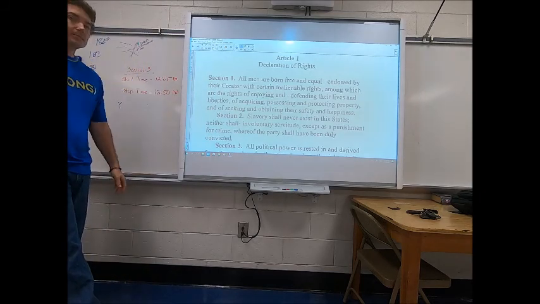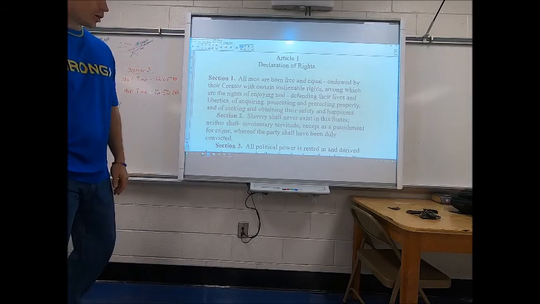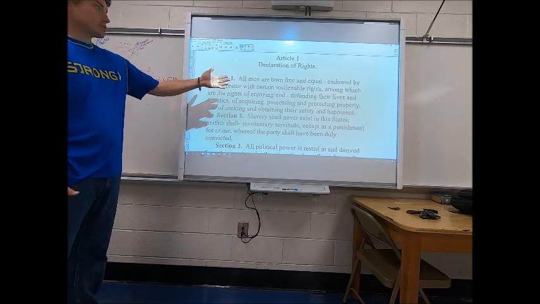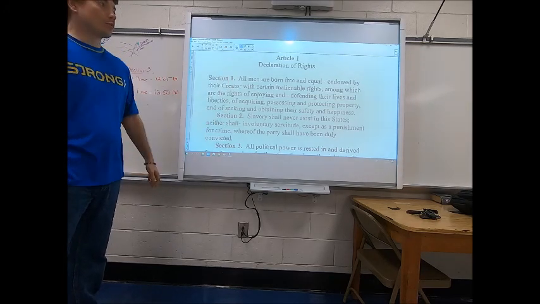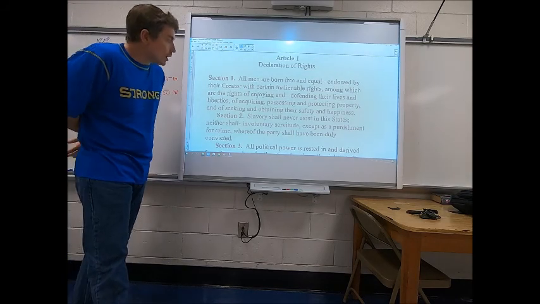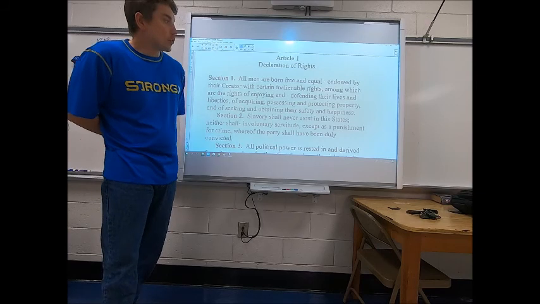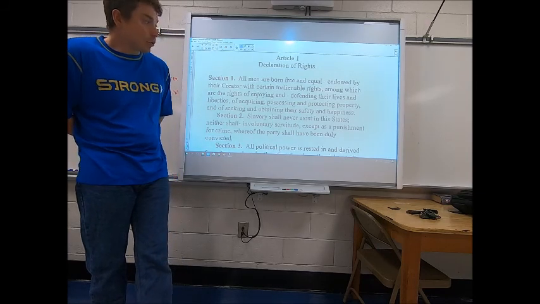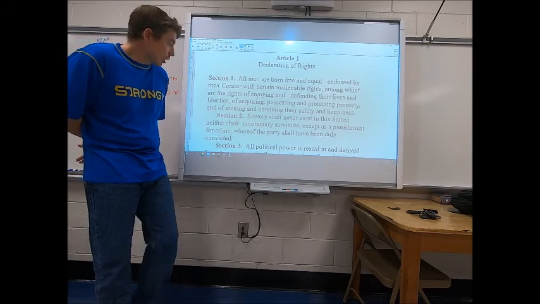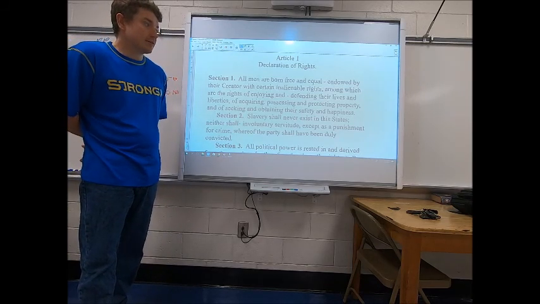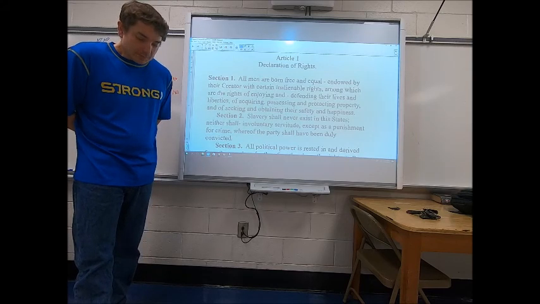This is a picture of what our new state constitution looked like. This is the beginning of it. Starts off, all men are born free and equal, endowed by the Creator with certain inalienable rights, among which are the rights of enjoying, defending their lives and liberties, of acquiring, possessing, and protecting property, and of seeking and obtaining their safety and happiness.